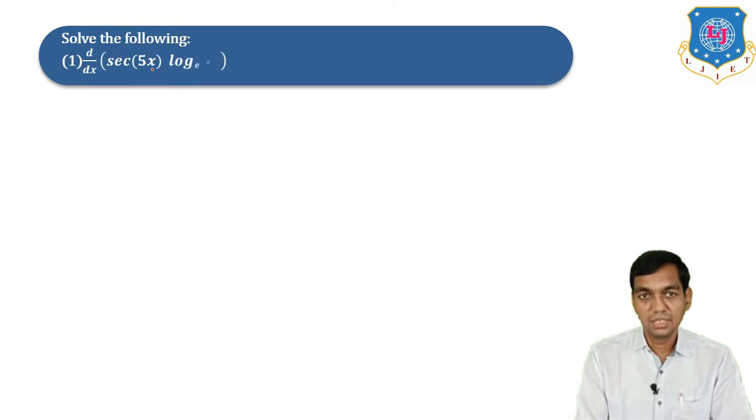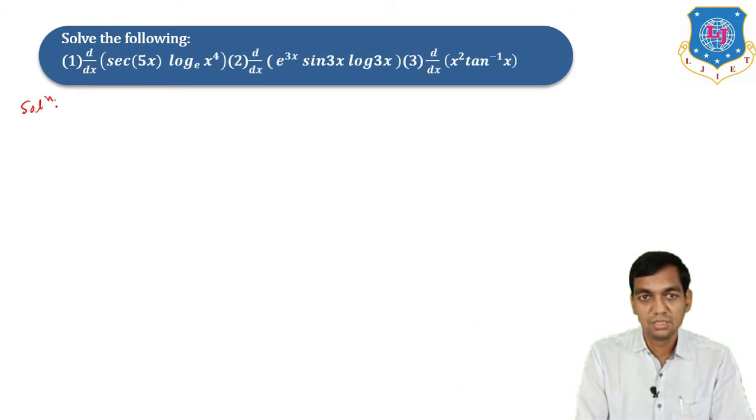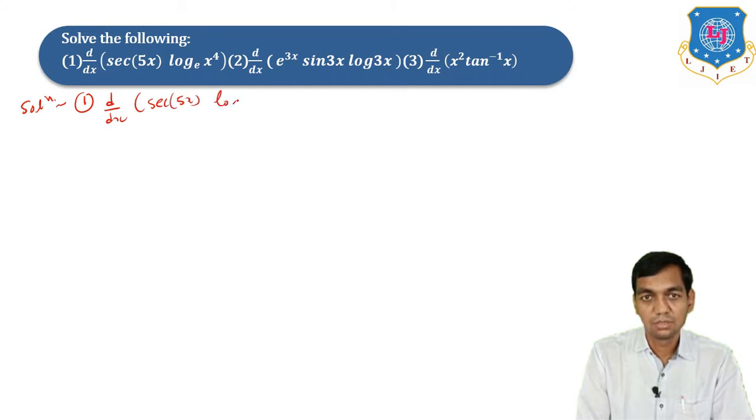Okay, same manner, here we have multiplication of two functions. If you are starting with the first one, then d by dx of sec 5x into log x raised to 4 base e. Now here it is base e, so I am going to write ln. And here I am going to use the property of log.